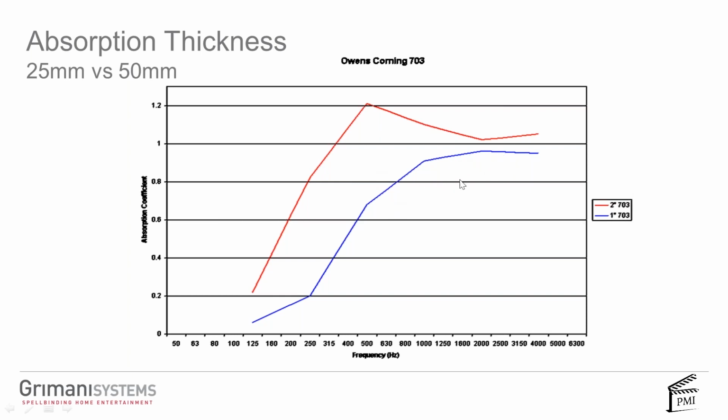Now you take a 2-inch version of Owens Corning 703 and you measure it again, and look at that, it gets a little bit of an extra bump here and works really nicely down to 500 hertz and then falls off. It also has a higher absorption coefficient, which you go, wait a minute, if it's an open window... And that's an idiosyncrasy of the measurement method in the chambers where they measure this. A 2-inch panel has more side area than a 1-inch panel.